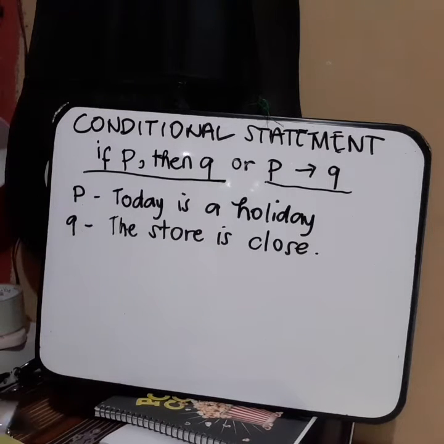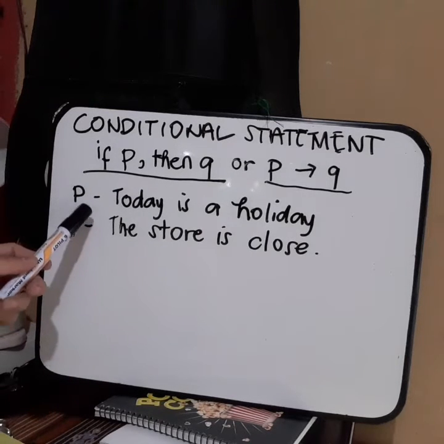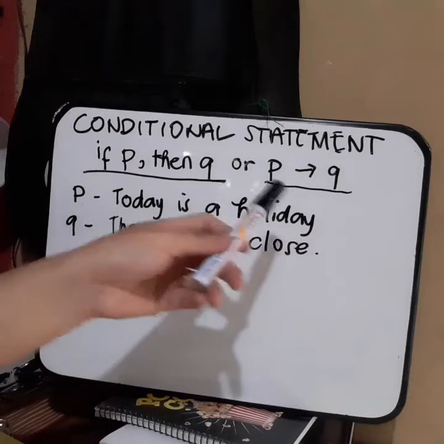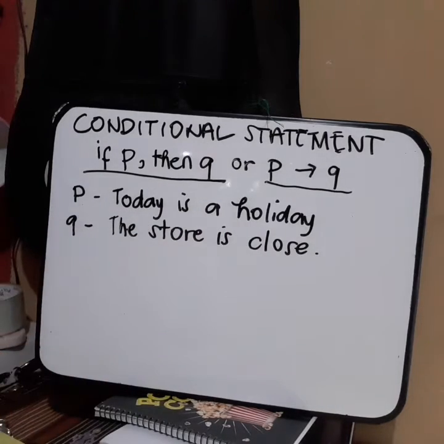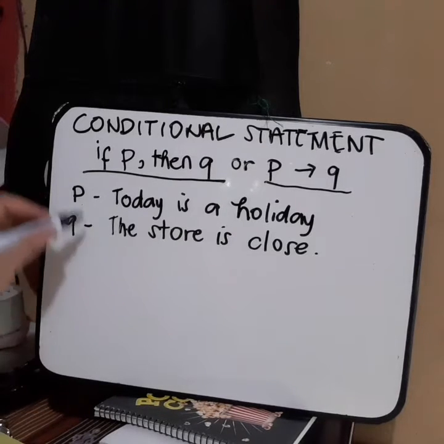Here it gives that P is equal to "today is a holiday" and Q is "the store is closed." So how are we going to put that into a conditional statement? It will be like this.